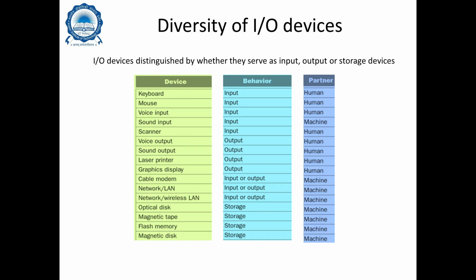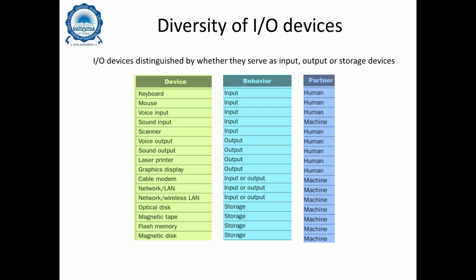Now let's have a look at the diverse IO devices that exist. An IO device, as I said, can be distinguished by whether it serves as an input, output or storage device. For example, a keyboard is an IO device which is classified in terms of its behavior as an input device, and the partnering device is a human.